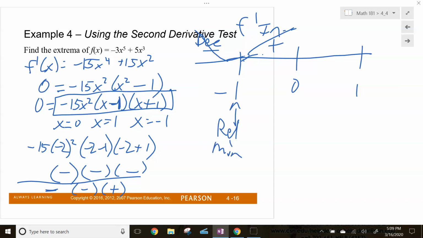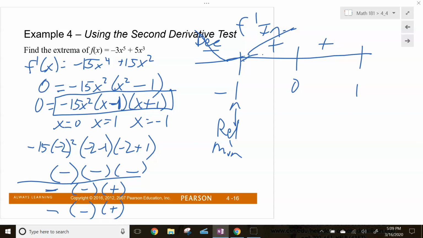Plug in like a half, so you have a negative from the negative 15 times a half squared, right? Negative 15 times a half squared would be negative. Negative a half minus 1, I get a negative. Negative a half plus 1, I get a positive. So this thing is positive on that. Sorry, what did I plug in? I plug in a half.